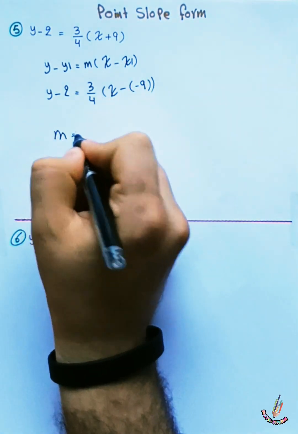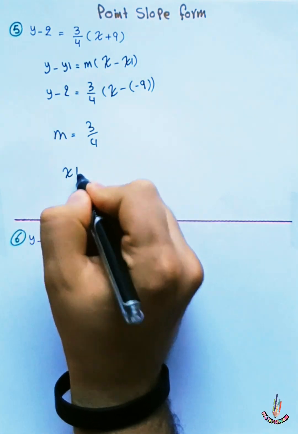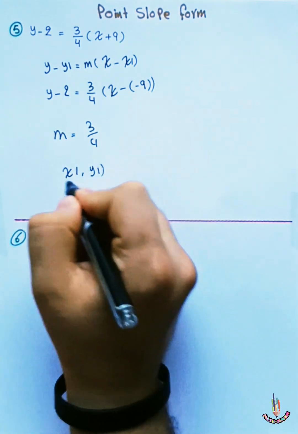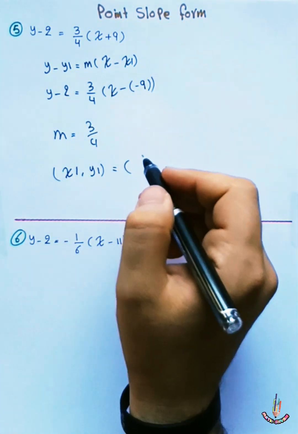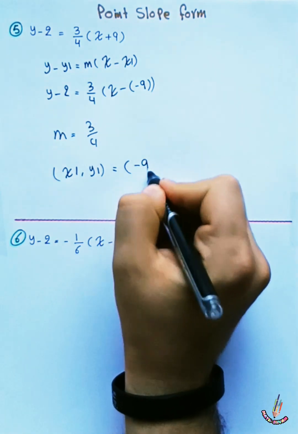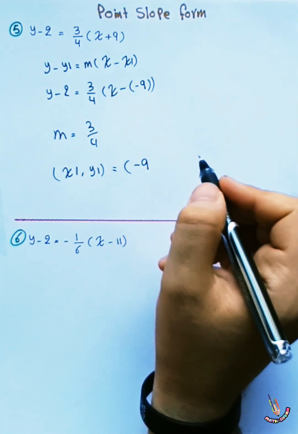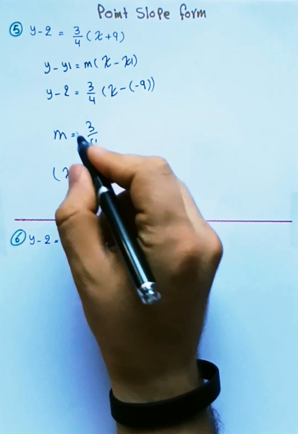So the slope is 3 out of 4, x1 is negative 9 and y1 is 2.